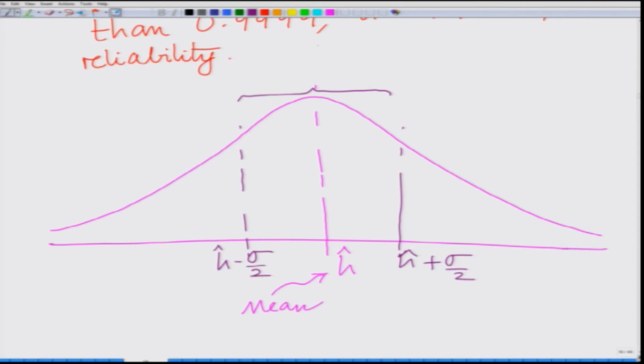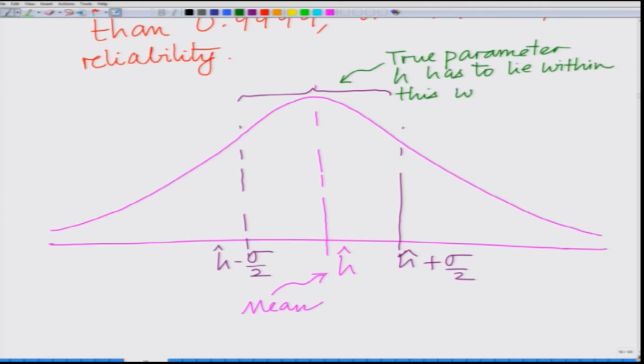So, the true parameter h has to lie within this sigma by 2 radius, within this sort of box, with probability greater than 99.99%. That is, h has to lie between h hat minus sigma by 2 and h hat plus sigma by 2 with probability greater than 0.9999, or 99.99% reliability.